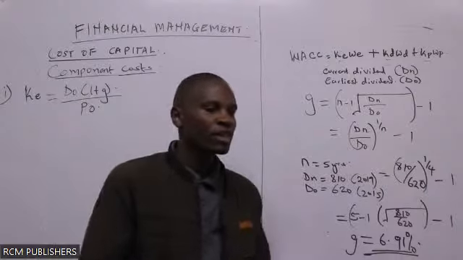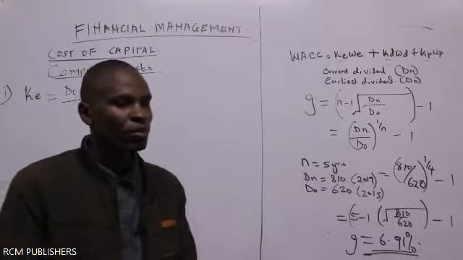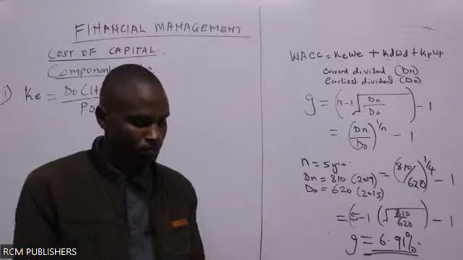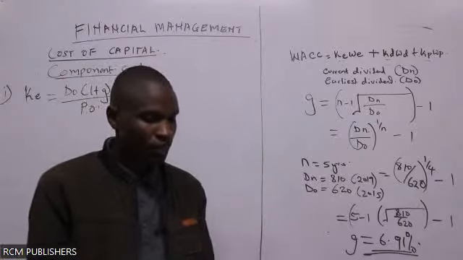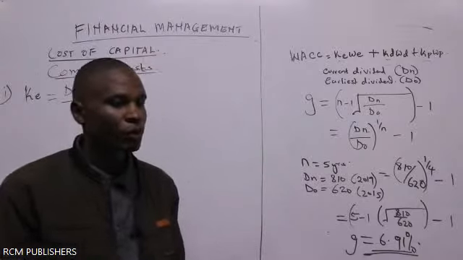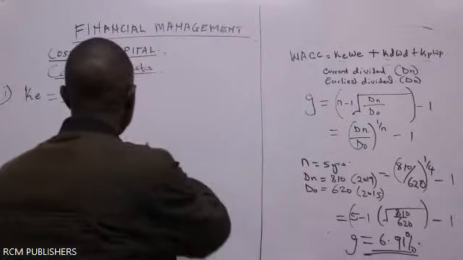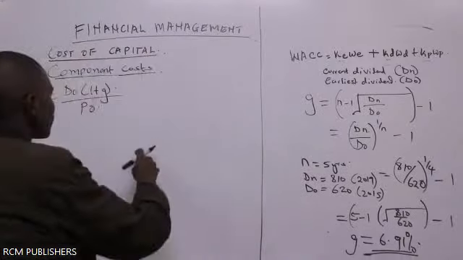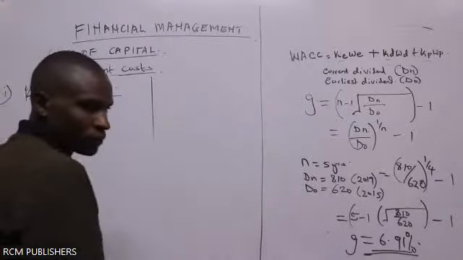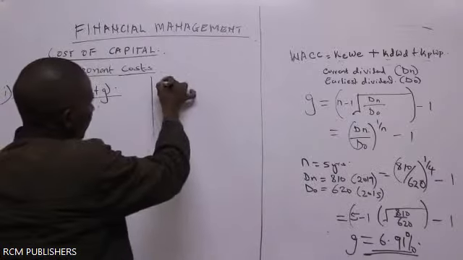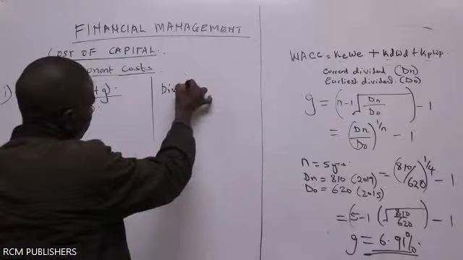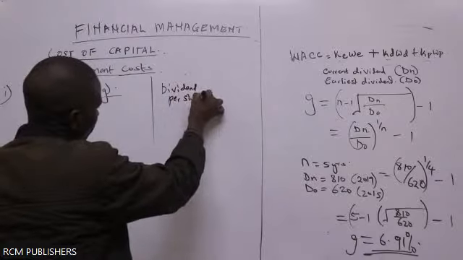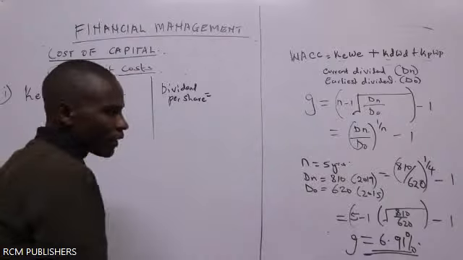Tell me the formula of getting dividend per share. Because I need now to get the dividend per share. That will be my D0.